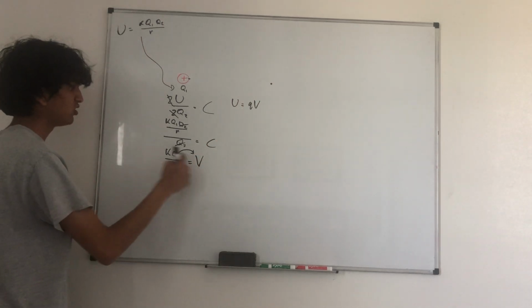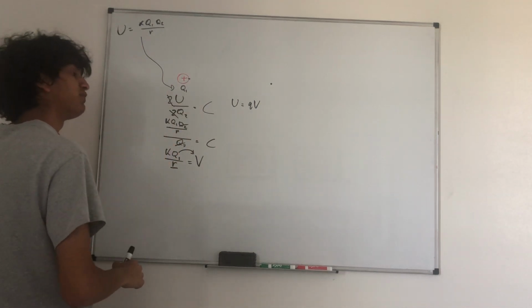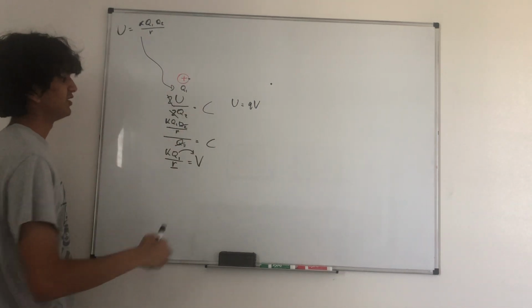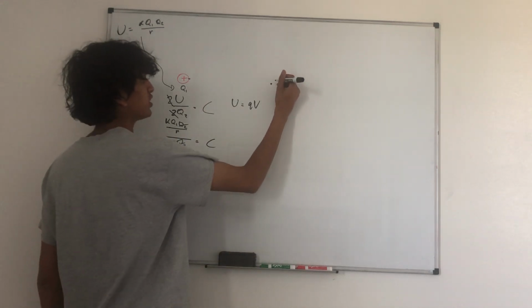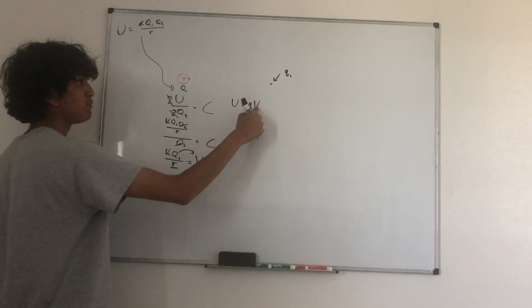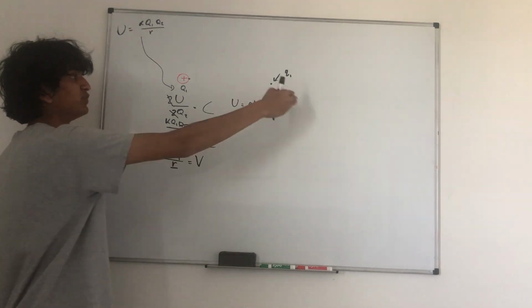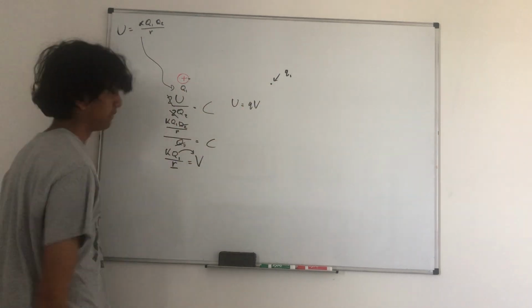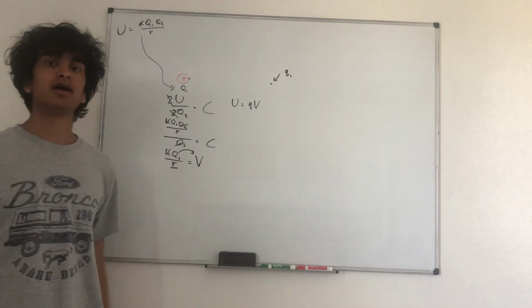I use this equation, KQ1 over R, which is Q1 times 1 over R times 1 over 4 pi epsilon naught, our constant. You get the electric potential right here. Now, if I were to put a charge right there and multiply it by the electric potential I just found, I get the potential energy between them. Okay, cool. Why do I care?